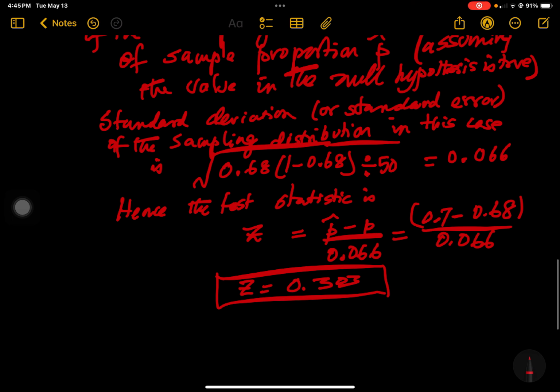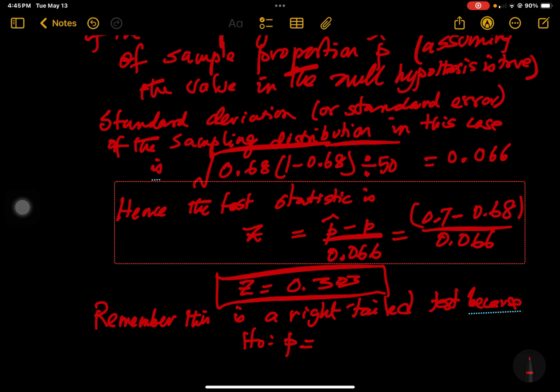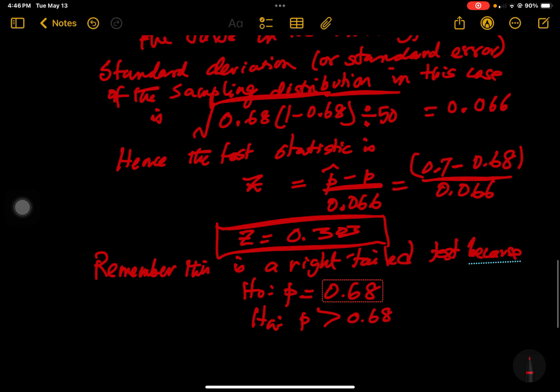Now remember, this is a right tail test. How do you know that? Because H0 is P equal to 0.68 and the alternate is P greater than 0.68. The slanted lines indicating greater than point to the right.